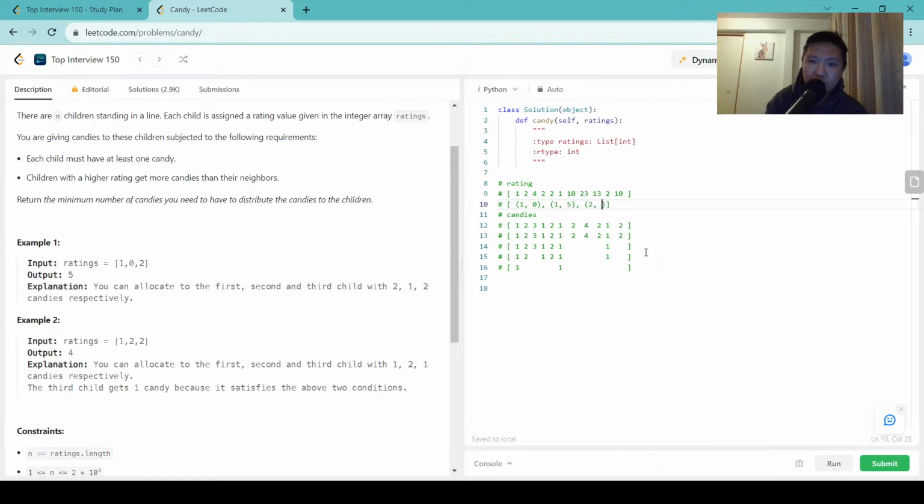And then we have the 2s, which is 2, 1, 2, 3, which is this guy over here, 2, 4, and then 2, 9.